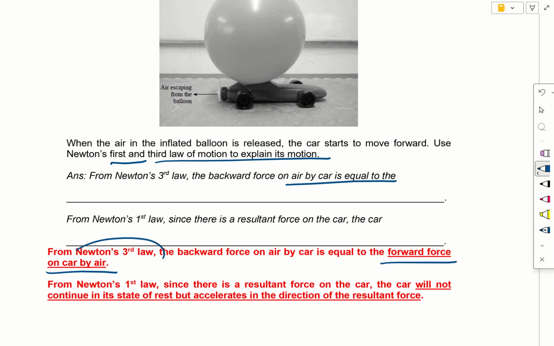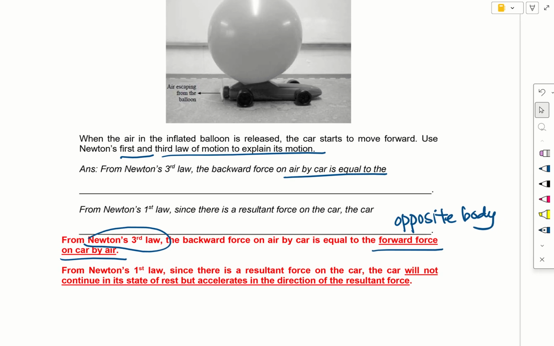We are using Newton's third law, so they must act on opposite bodies, which is force of car on air must be equal to force of air on car.